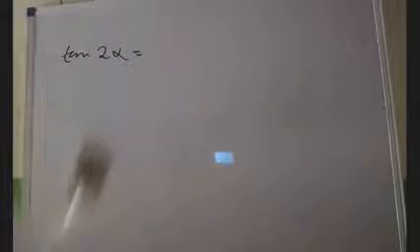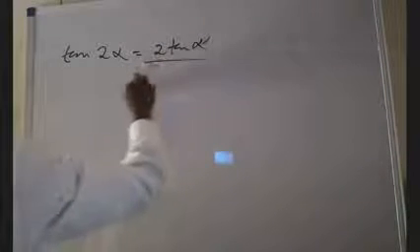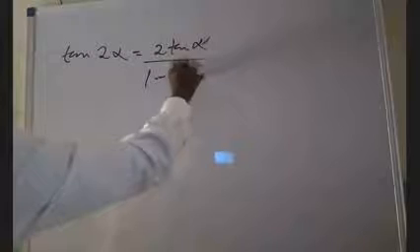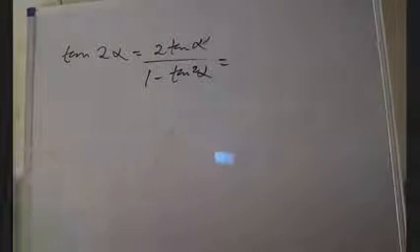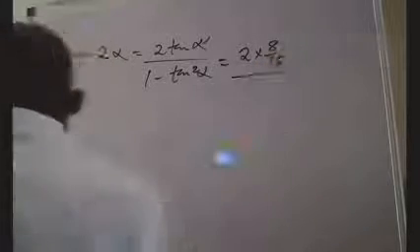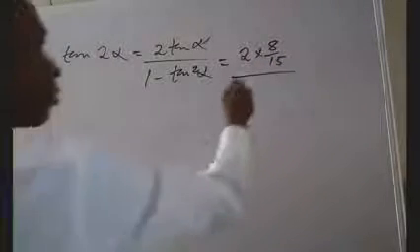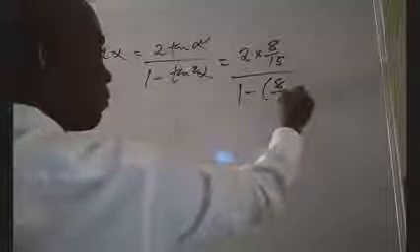Tan 2 alpha is equal to 2 tan alpha over 1 minus tan square alpha. So this will be equal to 2 times 8 over 15 divided by 1 minus 8 over 15 squared.